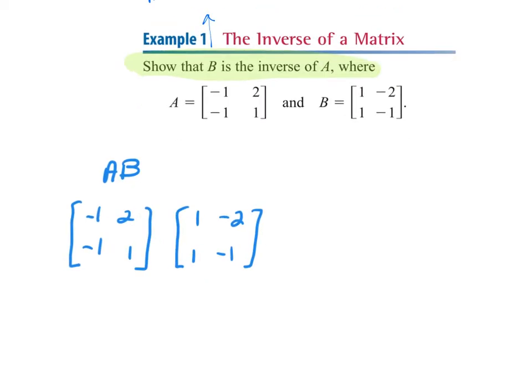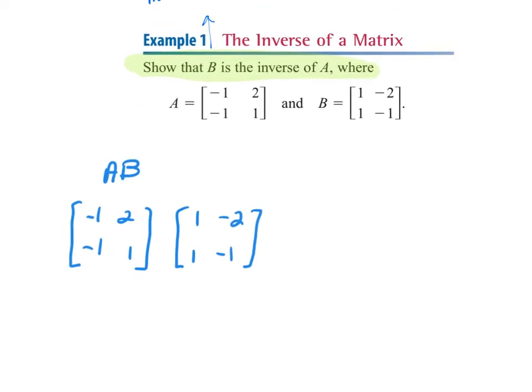So when I do this, how do we multiply? First row, first column, okay? So when I do first row and first column, negative 1 times 1 is what? Negative 1. And then 2 times 1 is, so plus 2.